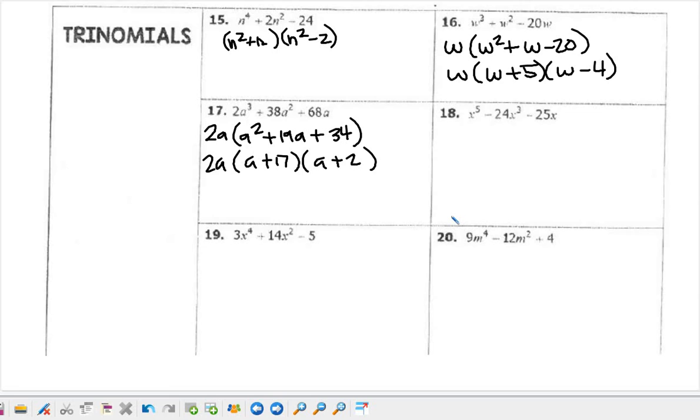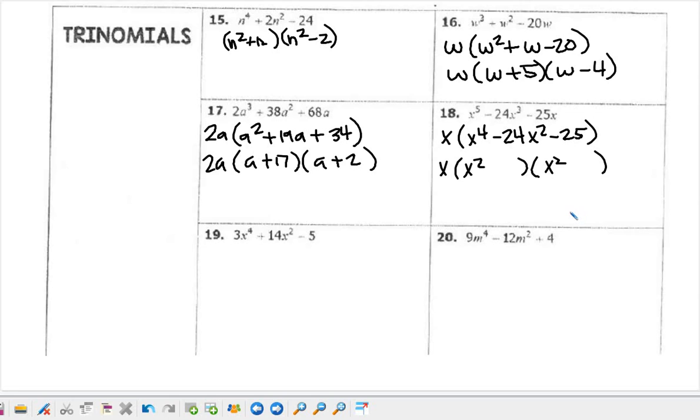Okay, number 18. Again, we don't know what to do with the fifth power, so my immediate reaction is I must have a GCF. So the GCF is just an x, so that gives me x to the fourth minus 24x squared minus 25. So this ends up being just like number 15. It's a type of quadratic. Just instead of an x, we're going to have an x squared.